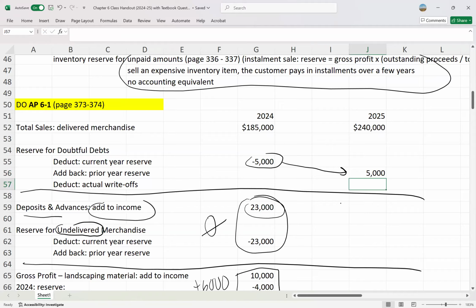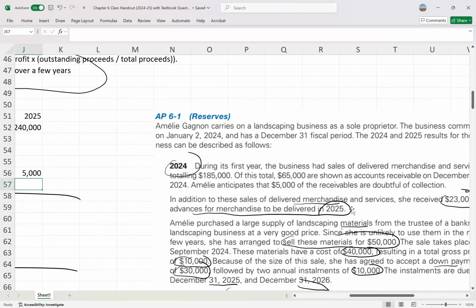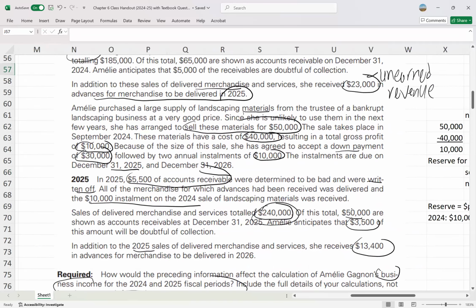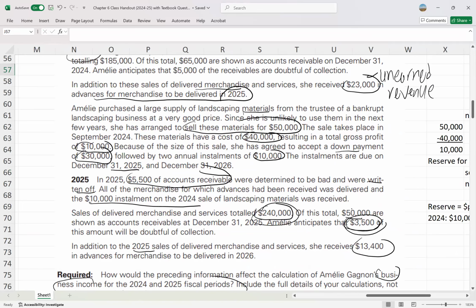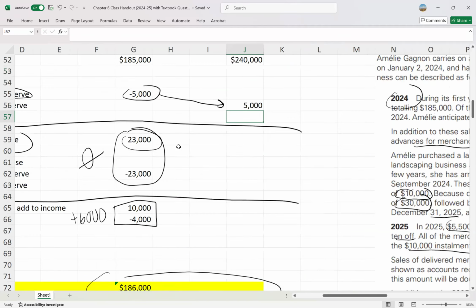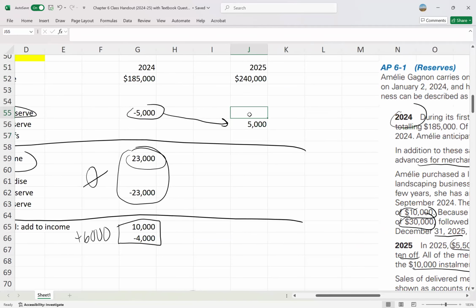We also get to deduct another reserve this year if we anticipate that some of the accounts receivable will be uncollectible. So what does the question say? For 2025, it says that she expects 3,500 of the accounts receivable to be doubtful of collection. So we're going to put that 3,500 as the current year reserve.